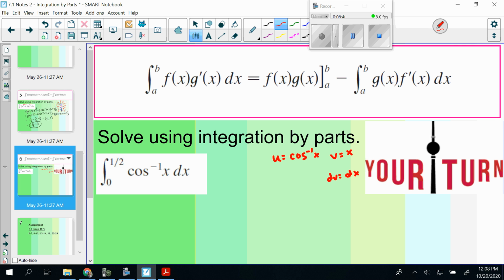On the other side, we got to do derivative. This is one of those derivatives that you should know from the inverse trig unit, which is negative 1 over the square root of 1 minus x squared.